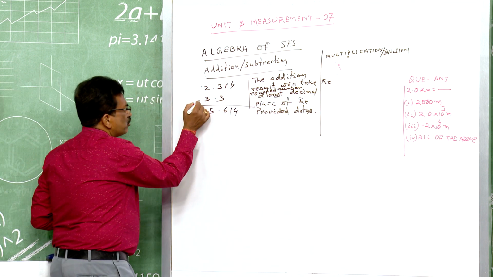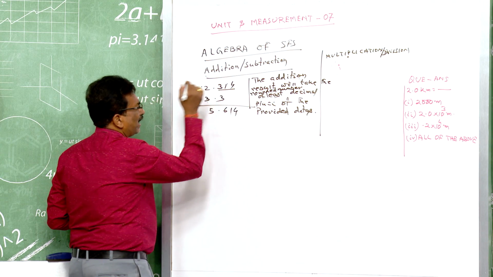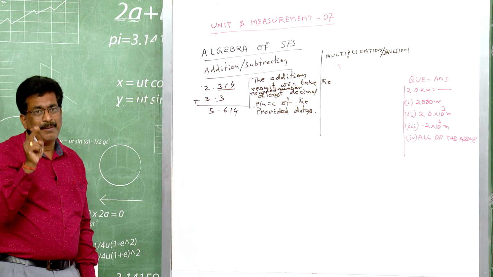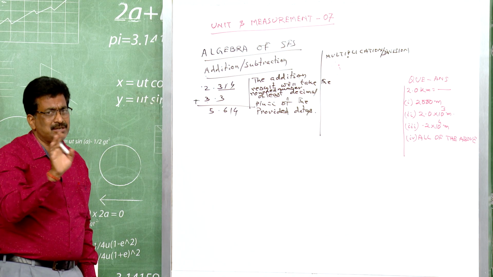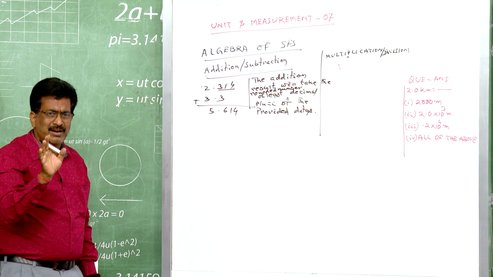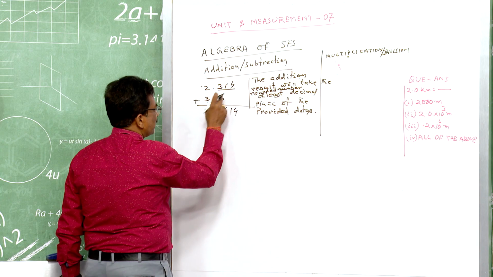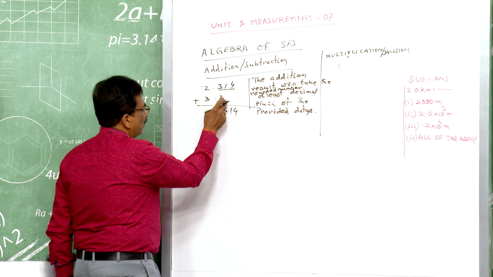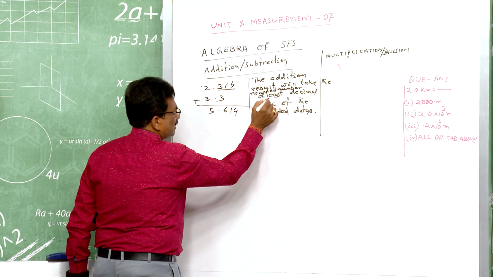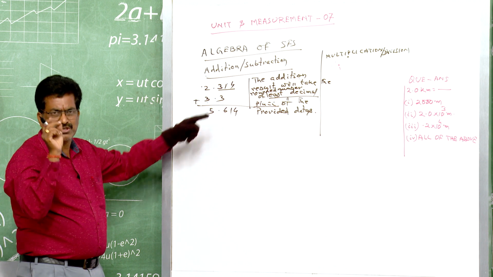You see, these two are to be added. How many decimal places does it have? It has 3 decimal places. Please give importance to this term, decimal places, not significant figures. So 2.314 means 3 decimal places. So we will go for the least decimal places, the least decimal place is this one, only one.